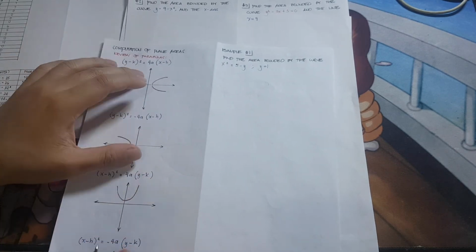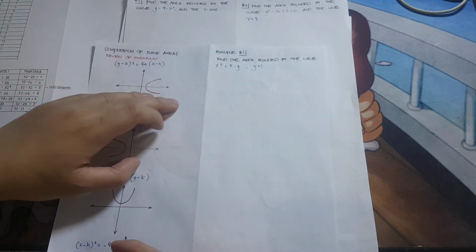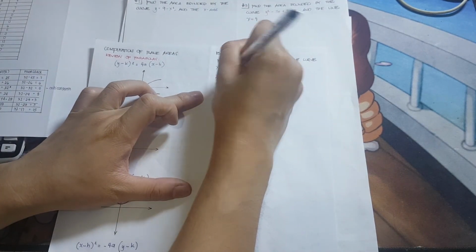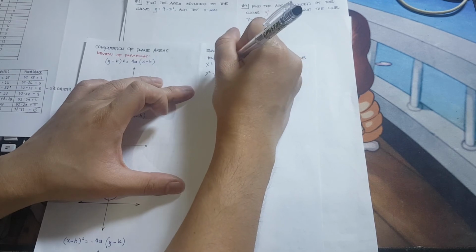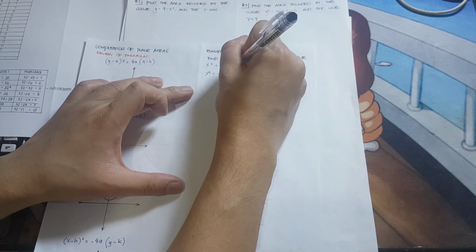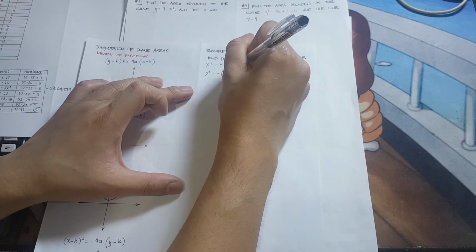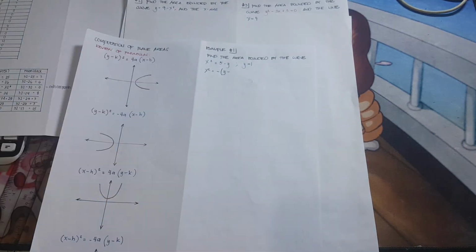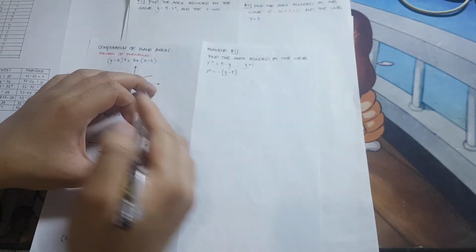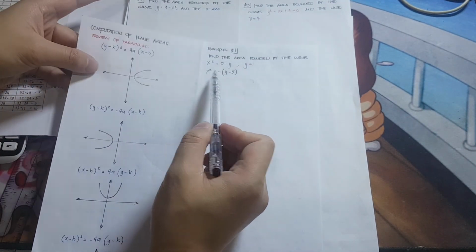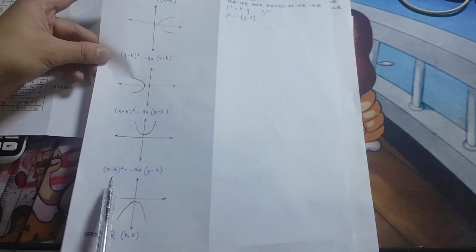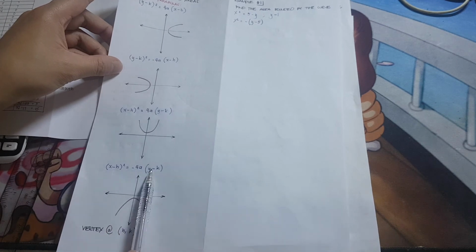So we rearrange our equation for the curve. We have x squared is equivalent to negative, quantity y minus 5. Okay, so if we base it on these forms, it is this one. So it is concave downwards.